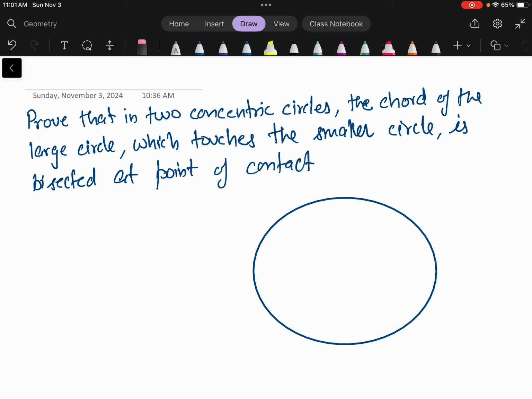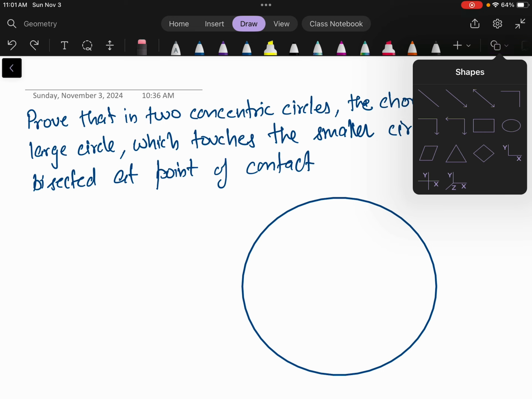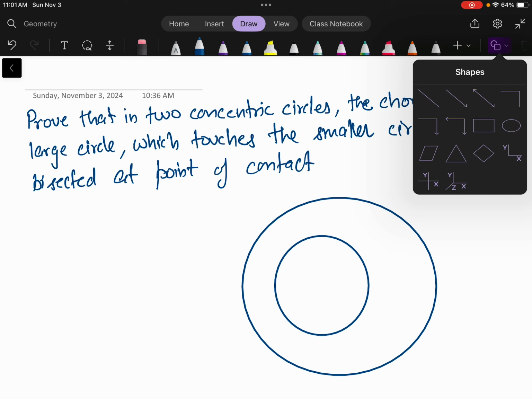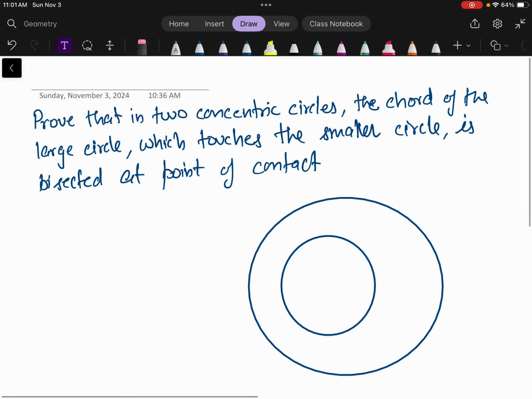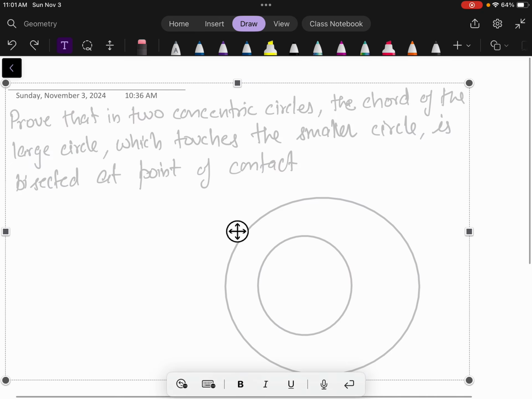This is one circle we have. We'll take another circle residing inside it. Let me try to move this circle. Is it possible to move? I'm not able to move this one, so let's try one last attempt.